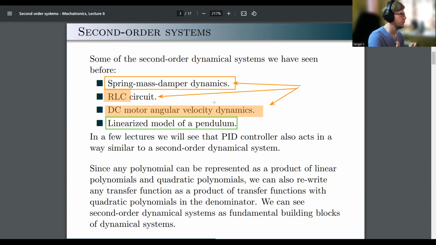If you remember your polynomials, you remember that usually you can decompose them into products of second order polynomials and first order polynomials. For the same reason, you can decompose dynamical systems into combinations of first and second order systems.